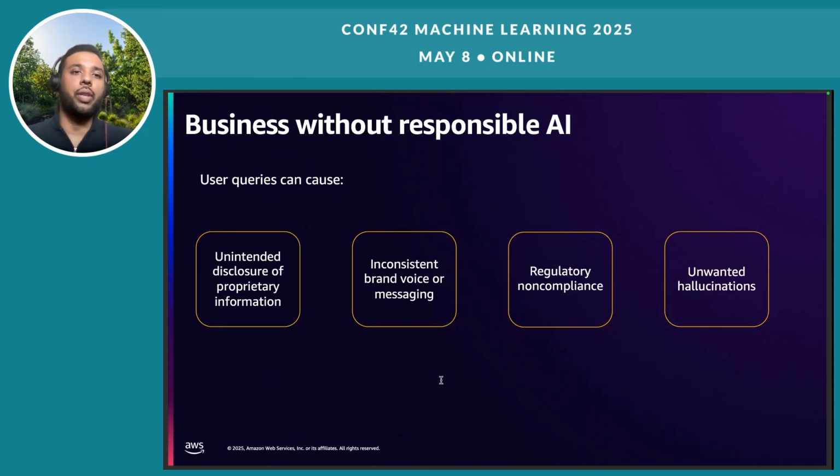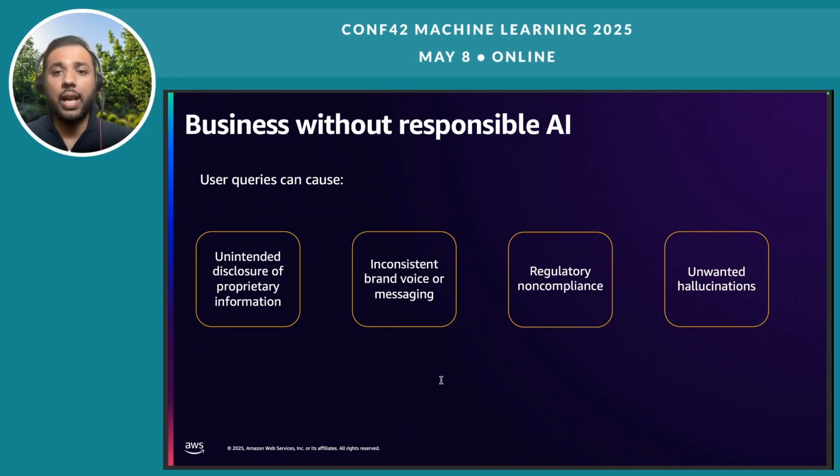Yeah, so these are some of the effects of running a business without responsible AI, such as unintended disclosure of proprietary information like data leakage, inconsistent brand voice or messaging, which means certain responses provided by the LLMs can be in a slightly different tone if you do not have those details when setting up the guardrails.